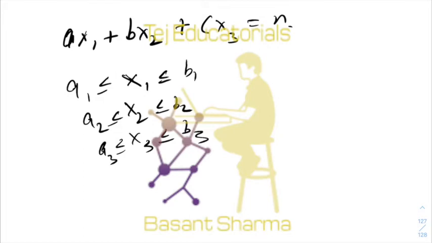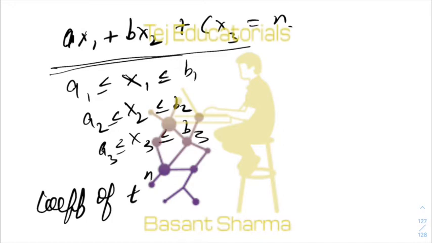Okay, then the number of solutions to this equation is nothing but the coefficient of x to the power n in, now your terms will start from here.